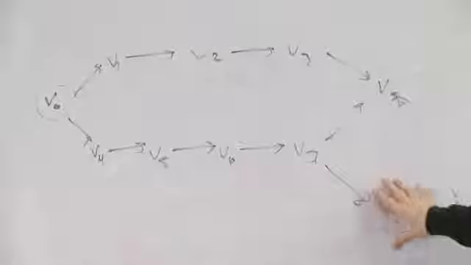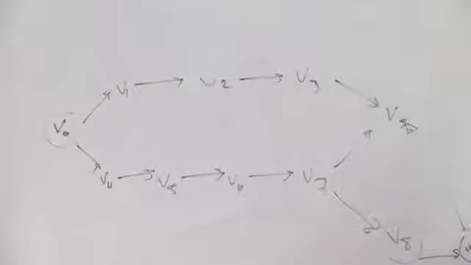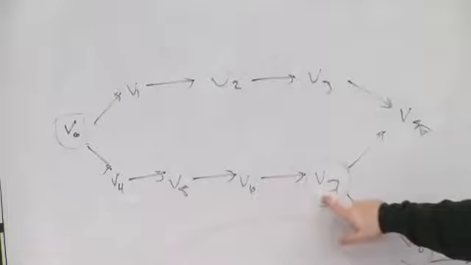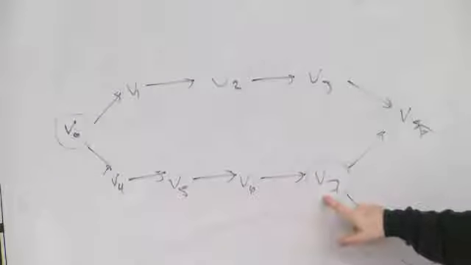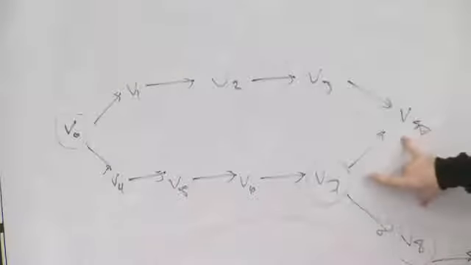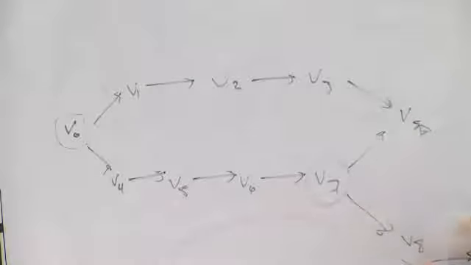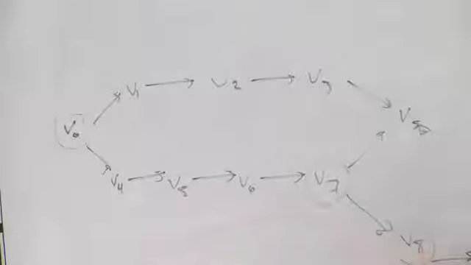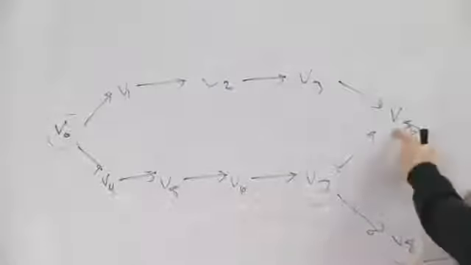When I get here first to V7, I ask the question, what's the shortest path to V8 from either of my two children? So I'm going to look at all the children of V7 and find the shortest path from each of them to the end node.